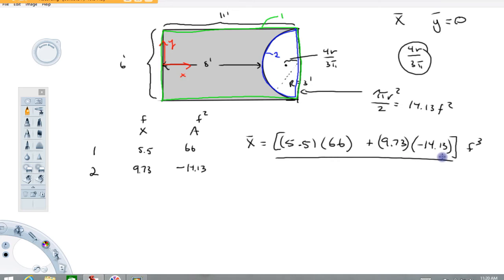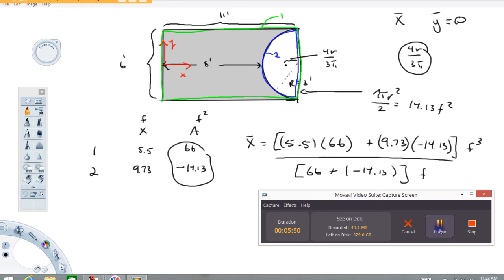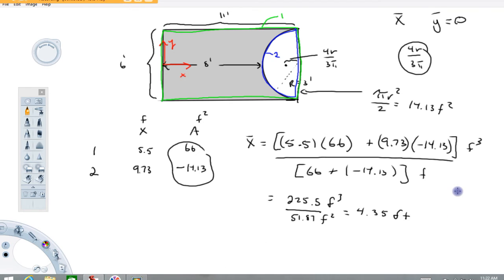Then we divide by the sum of the areas, 66 plus a minus 14.13, and this will come out in feet. To keep the video short, I'm going to pause while I calculate this value. Okay, I'm back. The numerator is about 225.5 cubic feet, and 51.87 square feet on the bottom, for a weighted average of about 4.35 feet.